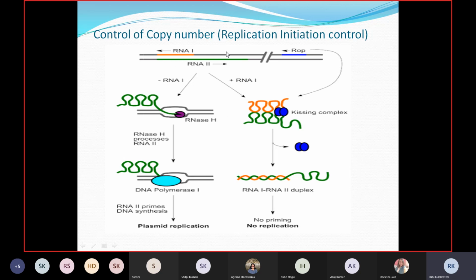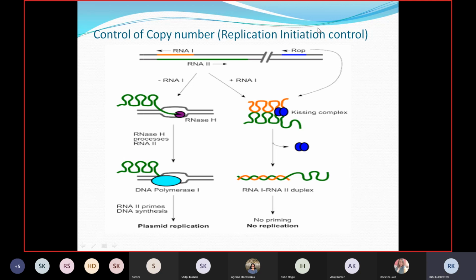So when we have a high level of RNA1, then these two transcripts, RNA1 and RNA2, are made in the cell. They form a very weak kissing complex. It's called a kissing complex. I don't know who named it. Anyway, they make a complex with a comparatively weak interaction.